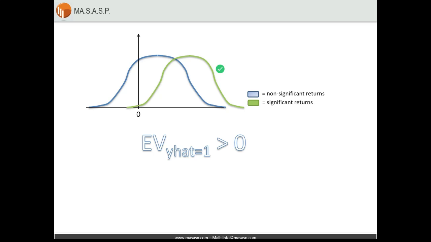Here we aim at assessing the significance of the system performance, then of just the selected trades. Hence we write expected value with a subscript that reads y hat equals 1. We can also use a more compact notation: expected value with 1 in brackets.